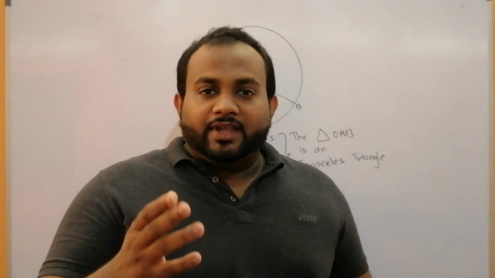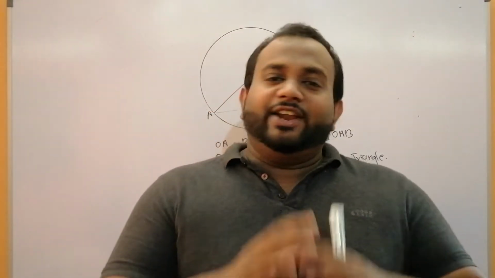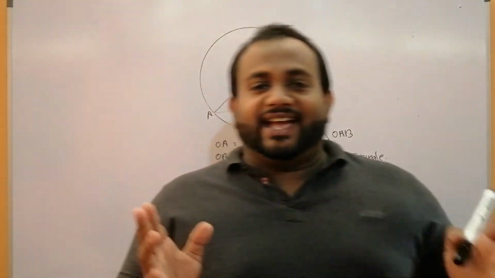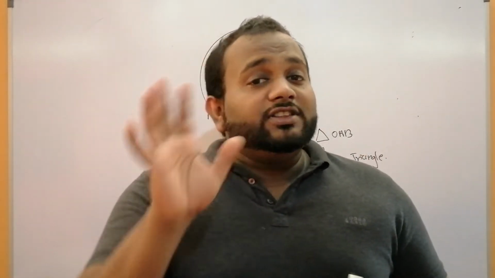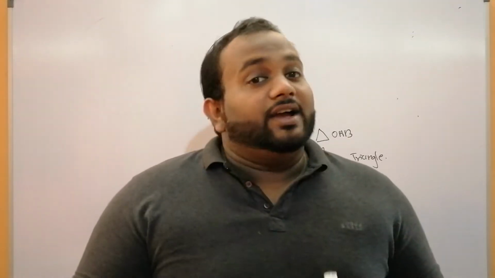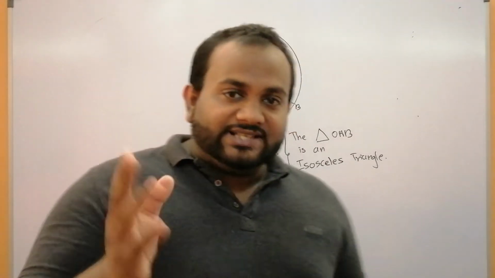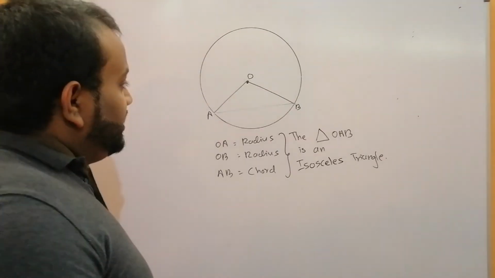The children, when they go for the exam, know what the diameter, the radius, the tangent and the chord are. They know everything. But when all those come in a single sum, there is a problem. Now let's try to understand such a question.